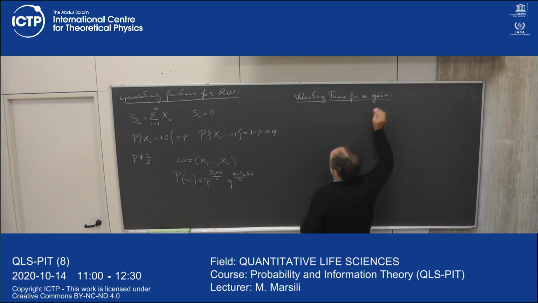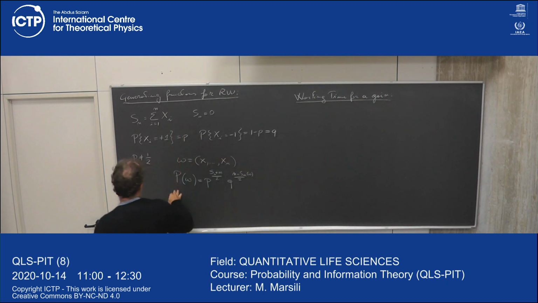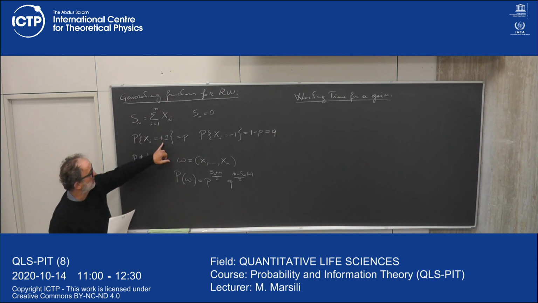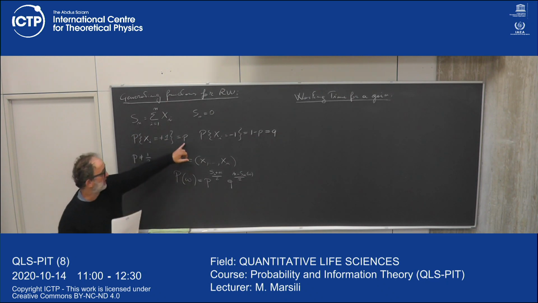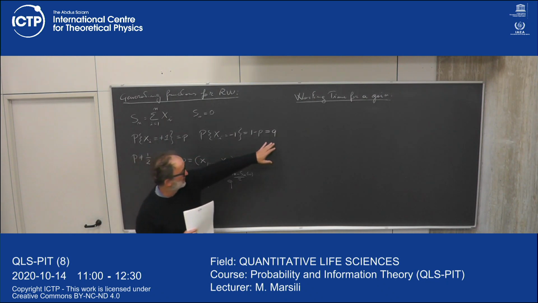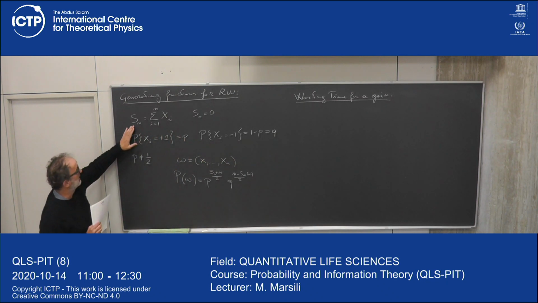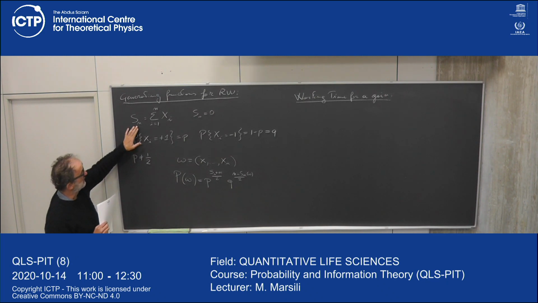Well, you can think of this problem as that of a gambler that plays repeatedly the same game, and each time either he wins 1 euro with probability P, or he loses 1 euro with probability 1 minus P, which is equal to Q. And what we are interested in is the total gain of this gambler.